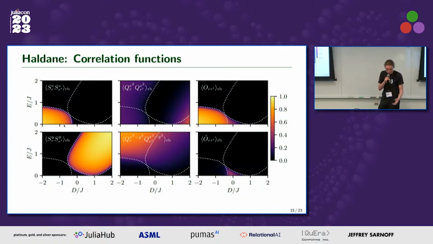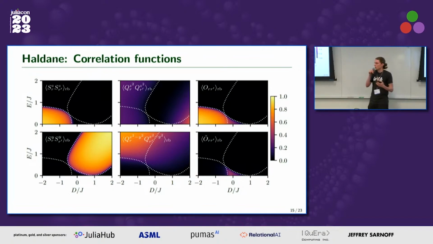I guess this is also true for all the other observables that we measure here. For example, if we measure spin operators in y direction, we detect this y-Néel phase, and then there are quadrupole operators, and also on the right side we have string order parameters that detect the Haldane phase, but that's detailed physics which is not relevant here.